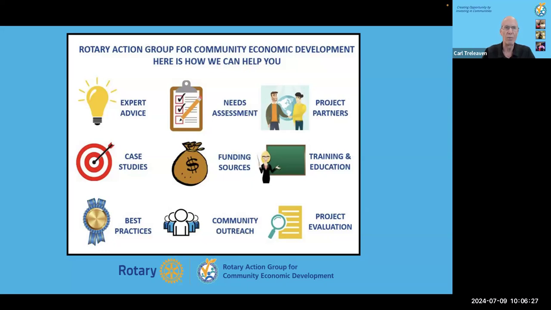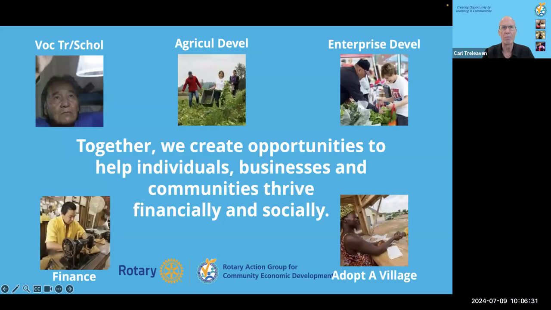So these are all the many different things that we can do for you. And ultimately, that means together we can create opportunities to help individuals, businesses, and communities thrive, both financially and socially. That is the work of the Rotary Action Group for Community Economic Development.